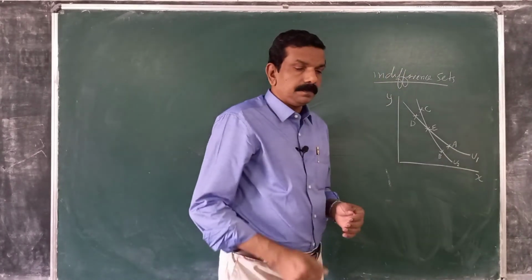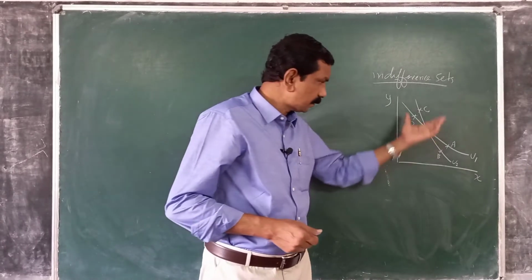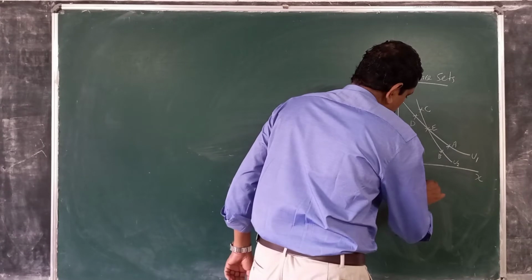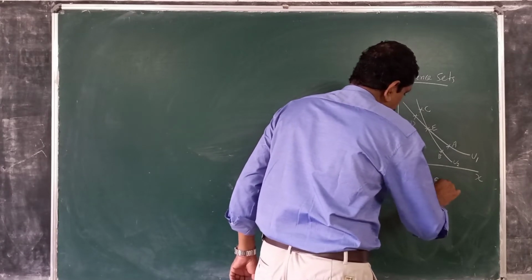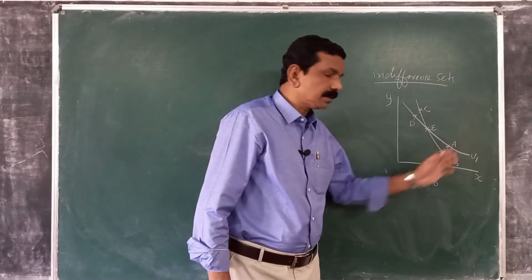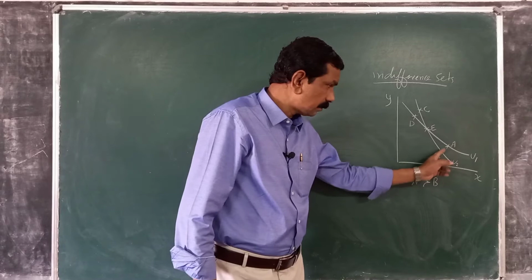As you can see, A is preferred to B because A contains more of both.